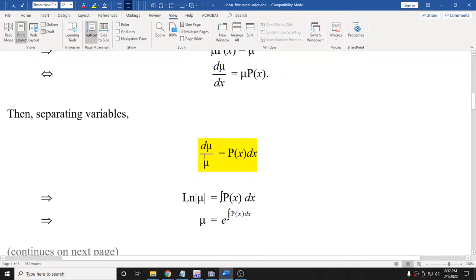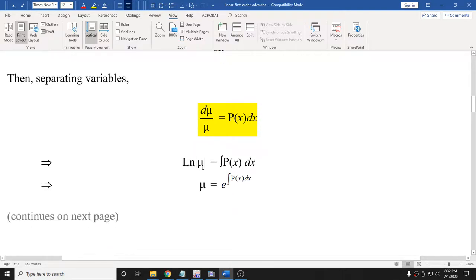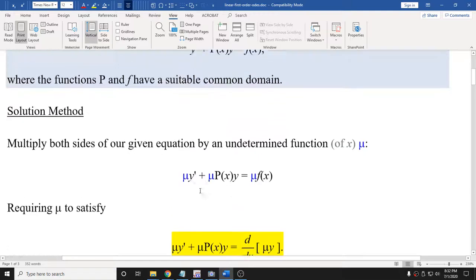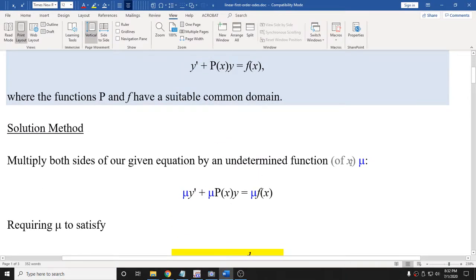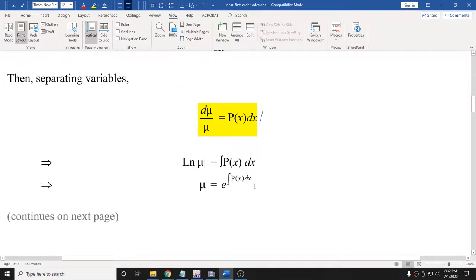On the left side, we obtain the natural logarithm of mu. On the right side, we obtain formally the integral of p(x) dx. If you solve for mu, you end up with mu equaling e to the integral of p(x) dx. So we now have that the undetermined function mu is actually mu = e^(∫p(x)dx).